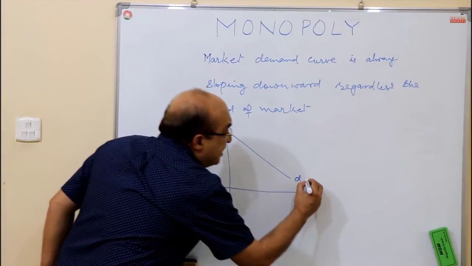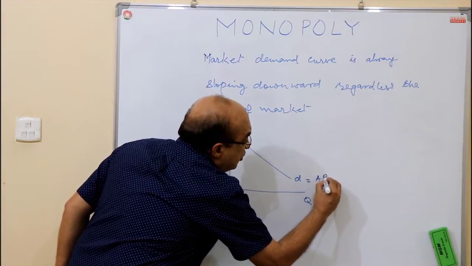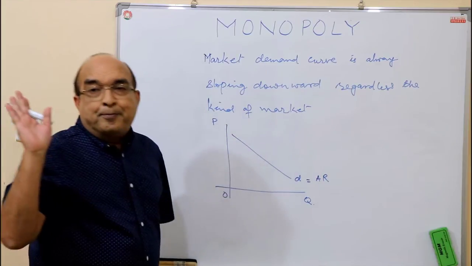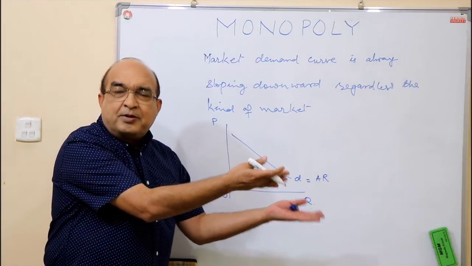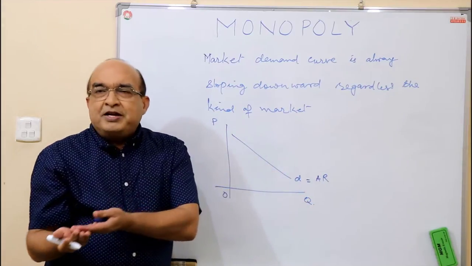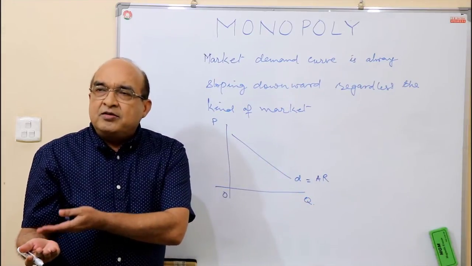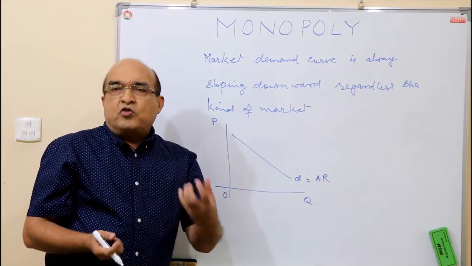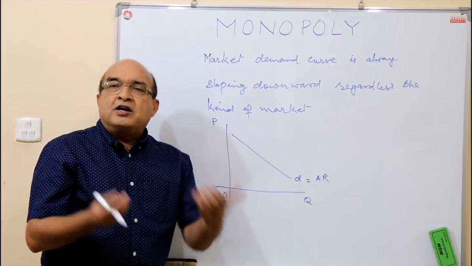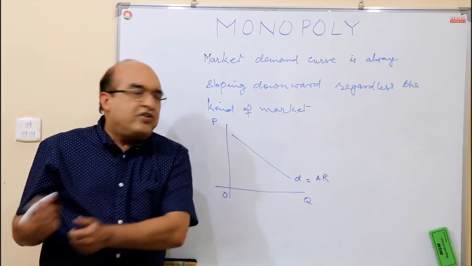So the demand curve and the firm's average revenue curve are the same, because whatever is demanded in the market is the demand for the firm, and that becomes the revenue, since whatever is bought will be the sale of the firm.